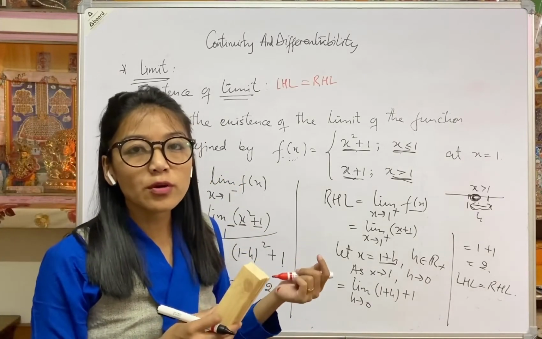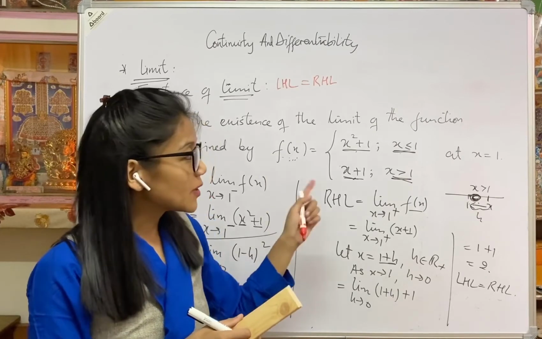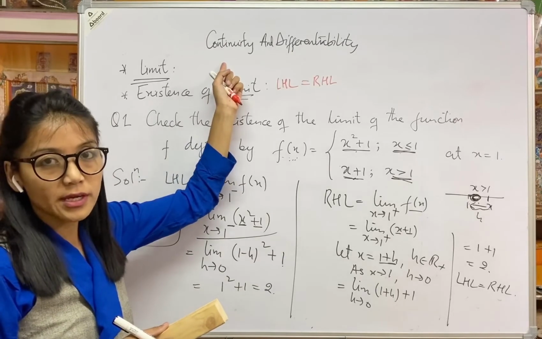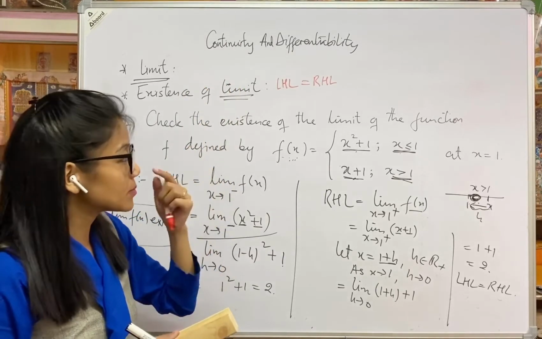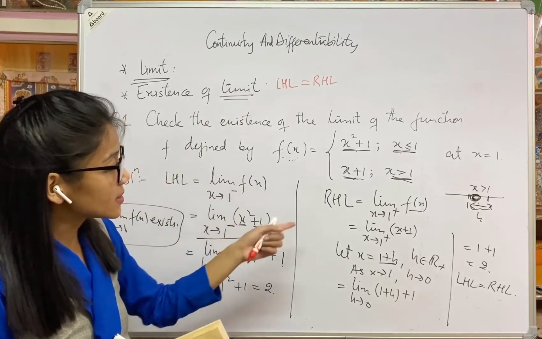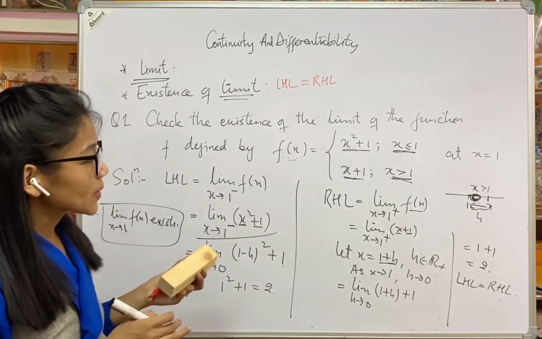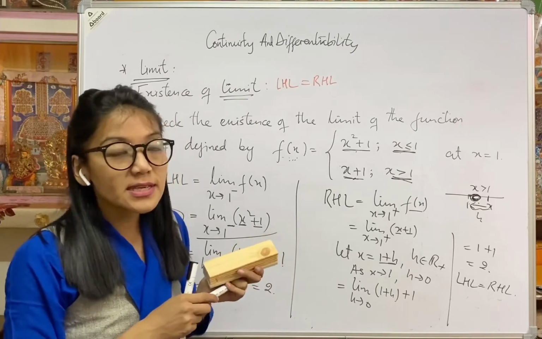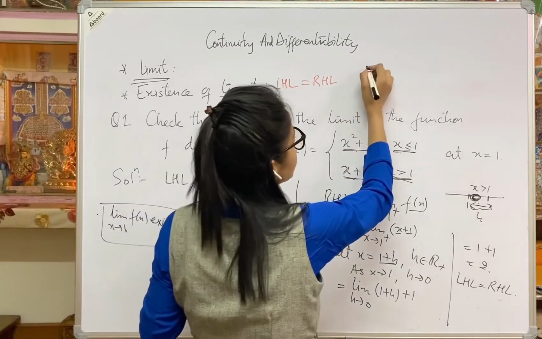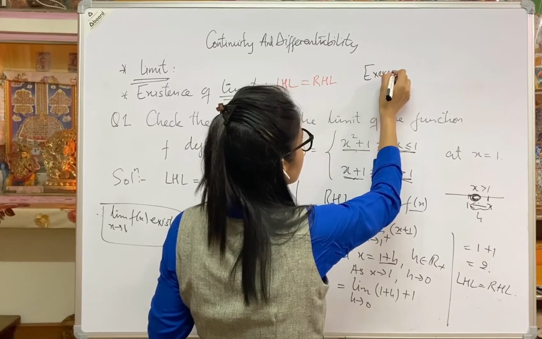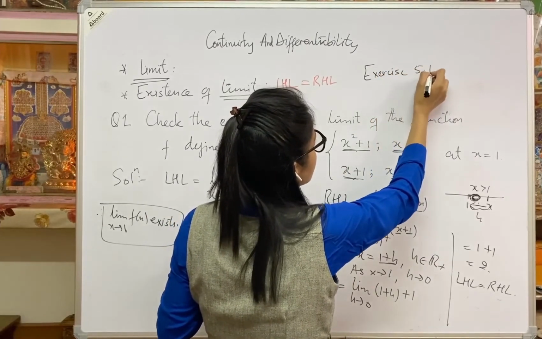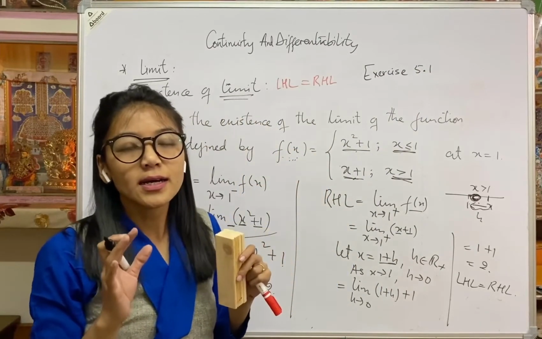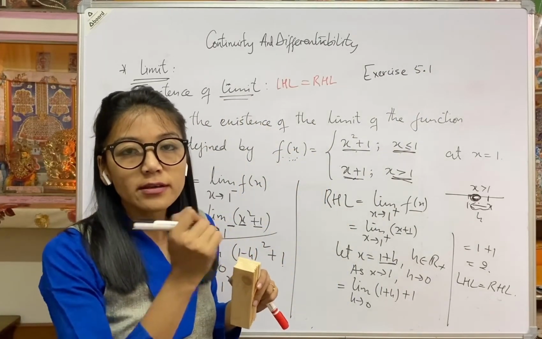Now this is a topic of class 11, and I'm just revising it because this whole concept is needed in this topic, continuity. Therefore we spent time to understand this concept, right? So today I will stop here, and as an assignment you will do exercise 5.1. In exercise 5.1 the questions will be given as check the continuity.